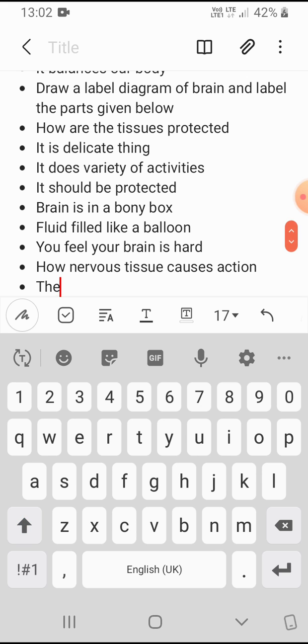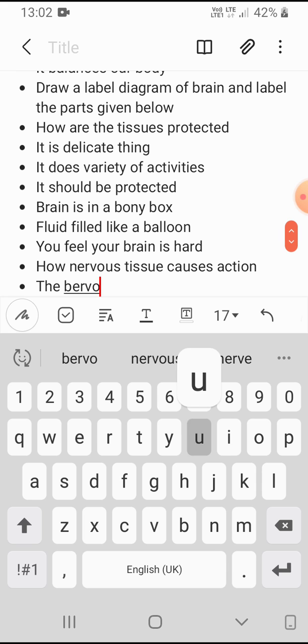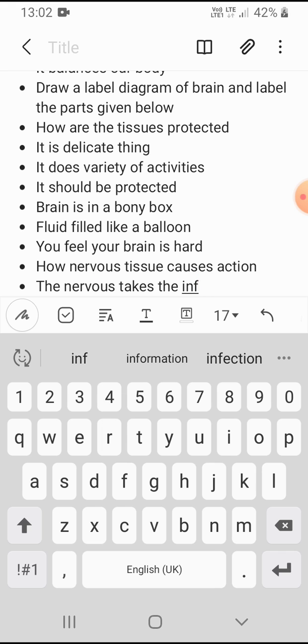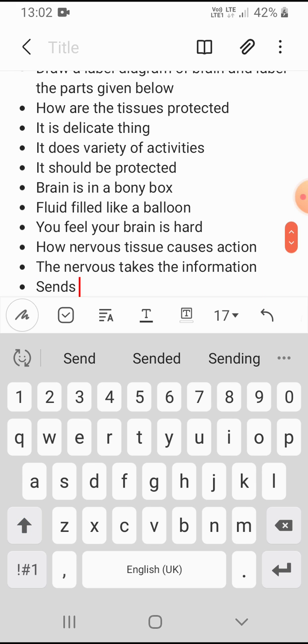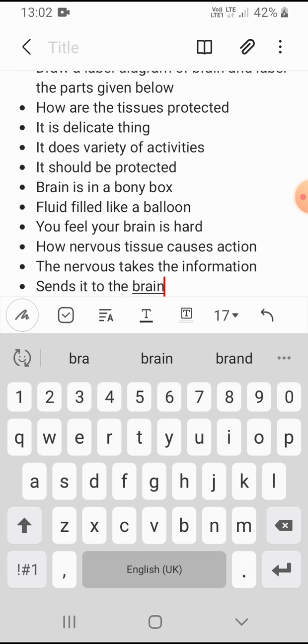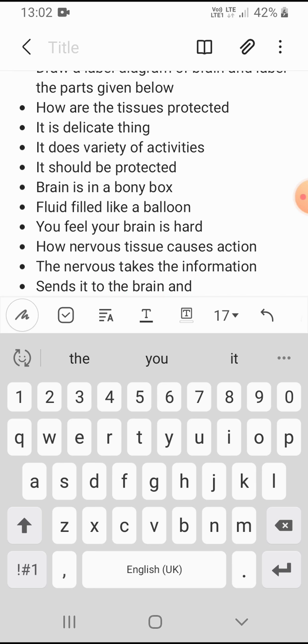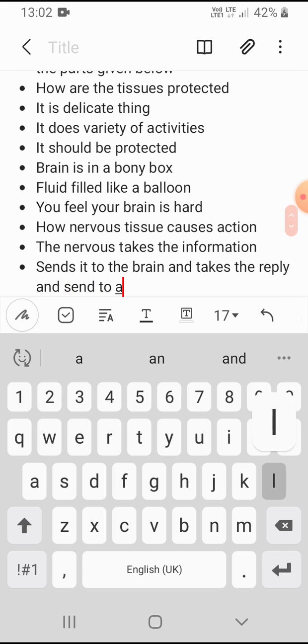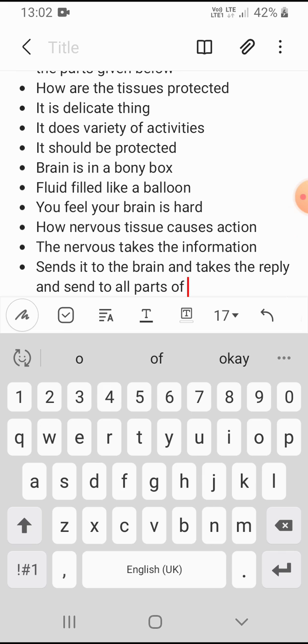The nervous tissue takes the information, sends it to the brain, and takes the reply and sends it to all the parts of the body. It sends that message.